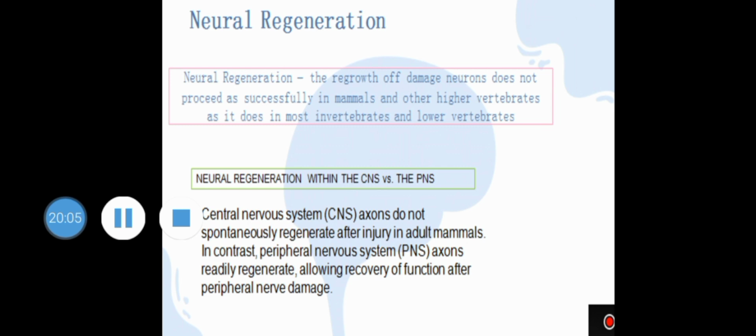In contrast, peripheral nervous system axons readily regenerate, allowing recovery of function after peripheral nerve damage. So in neural regeneration, the damaged neurons simply regrow, while neurological reorganization addresses the challenge of a disorganized or injured brain.